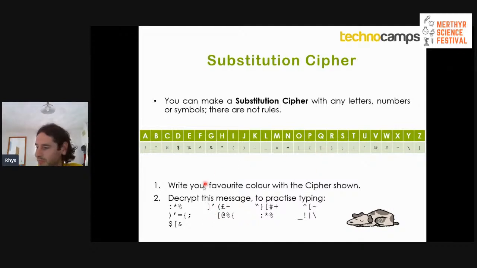So for the Q, we've got an apostrophe, for the U, we've got an open bracket for an I, we got a pound sign for a C, and we got a dash for a K. So the quick, and it says, the quick brown fox jumps over the lazy dog.